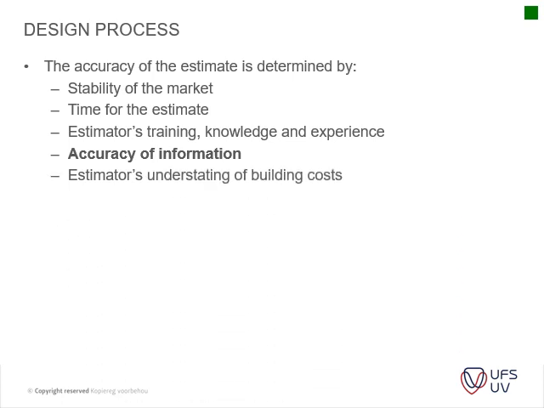Estimator understanding building costs. Just on the information here is a simple thing which I experienced once, where the architect wanted a stainless steel expansion joint within the tiles and not a PVC one, and then the cost per meter difference was quite big.